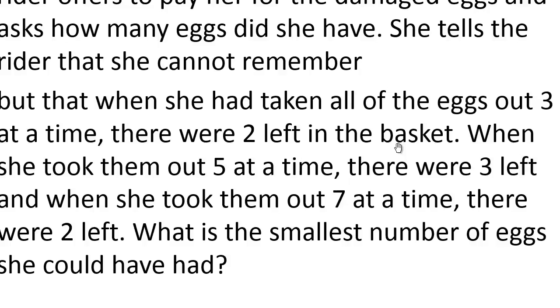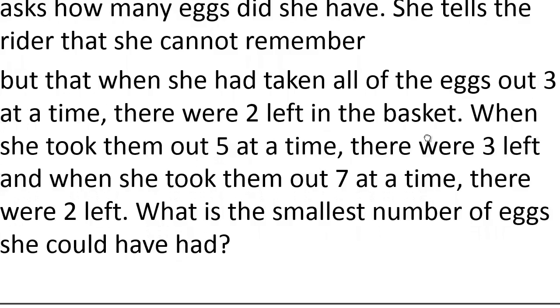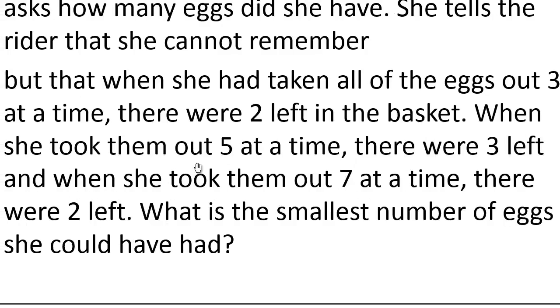Each time she takes 3 eggs, first 3, then 3, then 3, and so on, the remaining will be 2. Similarly, when she took them out 5 at a time, there were 3 left. And when she took them 7 at a time, there were 2 left.